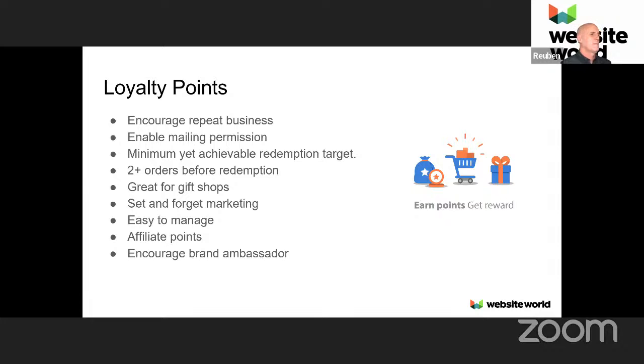So you've sort of lost 15% worth of points, but your customers have helped you become brand ambassadors for your products. So it's a good feature to enable and to encourage that to happen, and it's encouraging brand ambassadorship.